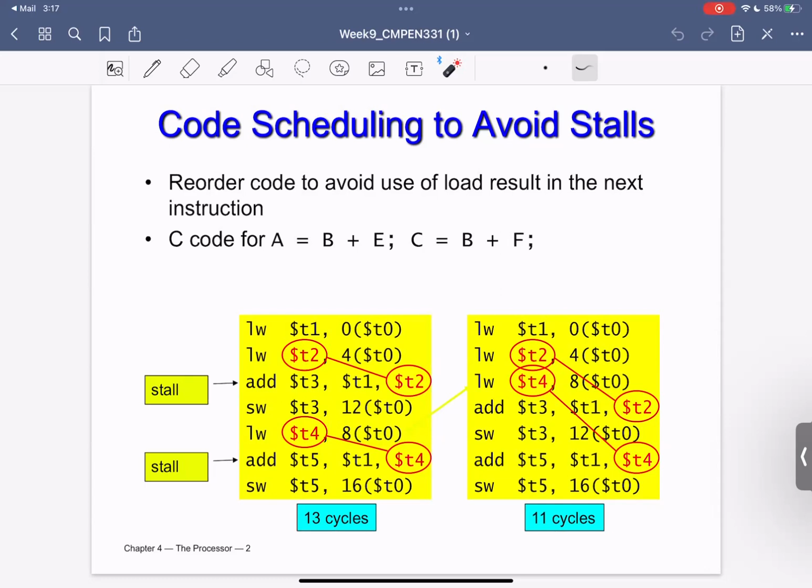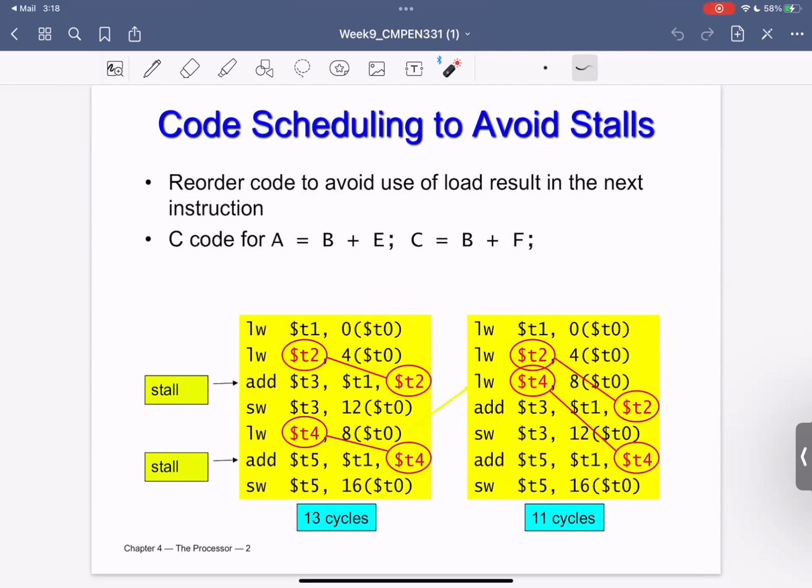If we move this earlier, so this is used here or there, now with this one the data is already ready. I don't need to do stalls. I don't have to do any stalls.